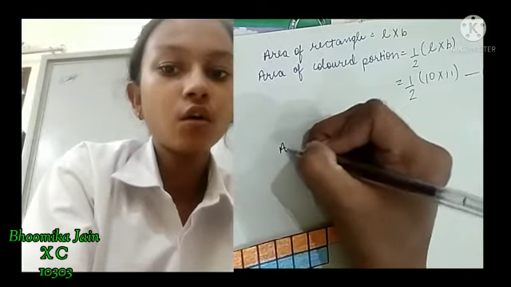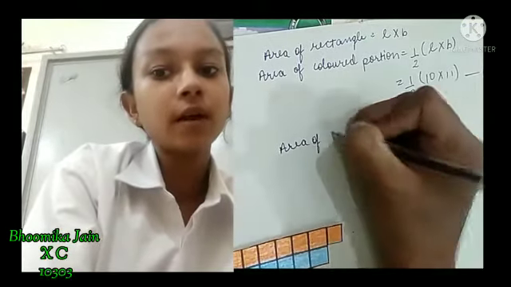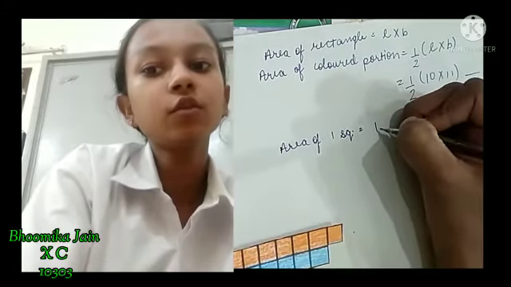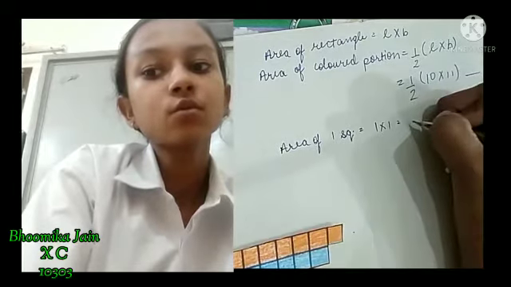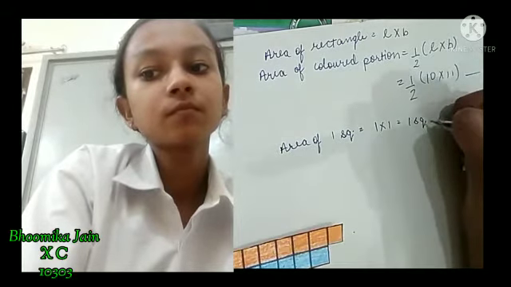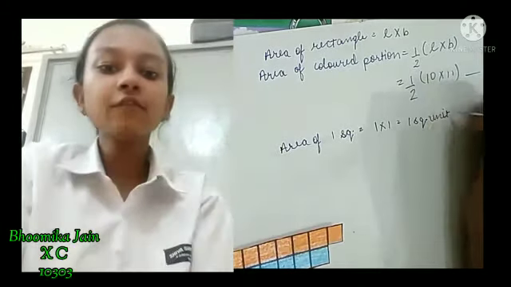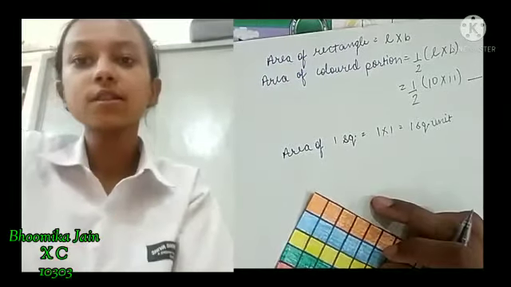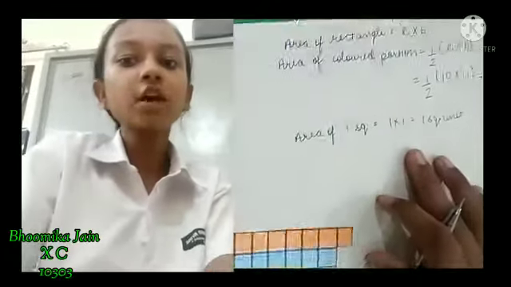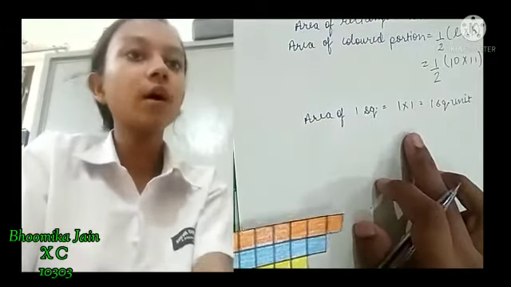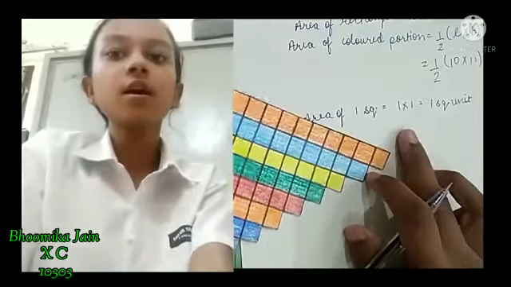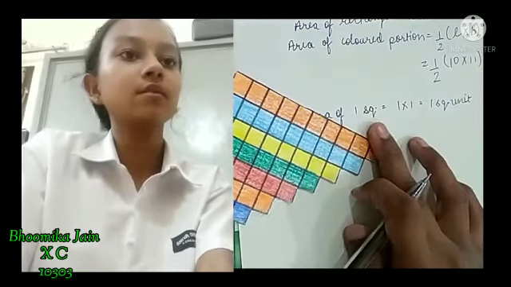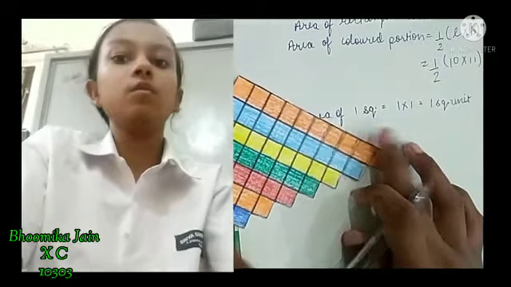Area of 1 square is equal to 1 into 1 square unit, and we know that each strip holds the number of squares increasingly. So the area of the first strip will be 1 because it has 1 square. The area of the second strip will be 2 because it contains 2 squares. Then 3 and so on.